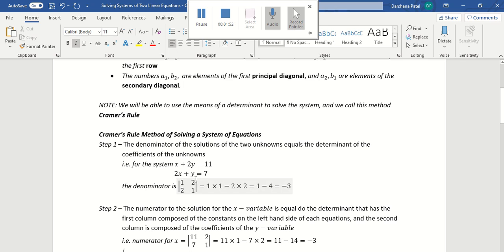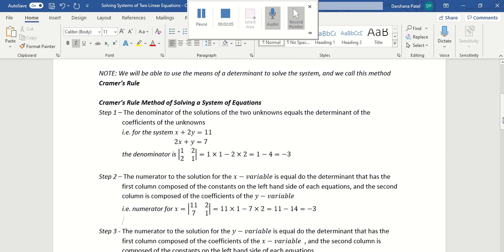So the first determinant out of three is just getting the coefficients from the equations in front of the variables and then finding the determinant of that. Then in the second step, from the original one, we take away the first column and replace it with the numbers on the other side of the equal sign, 11 and 7. That is the numerator of x, because we are replacing the x column.